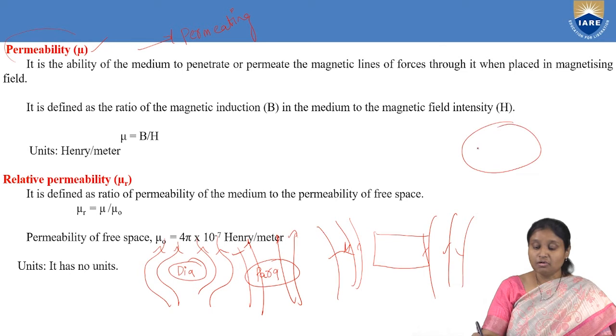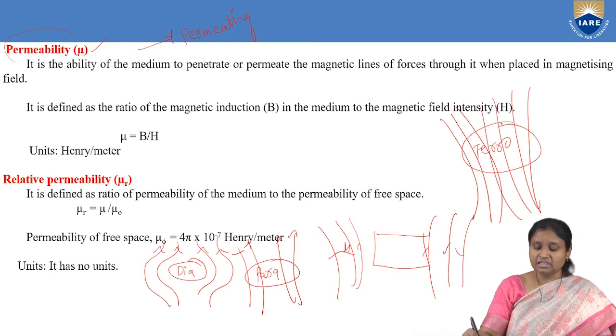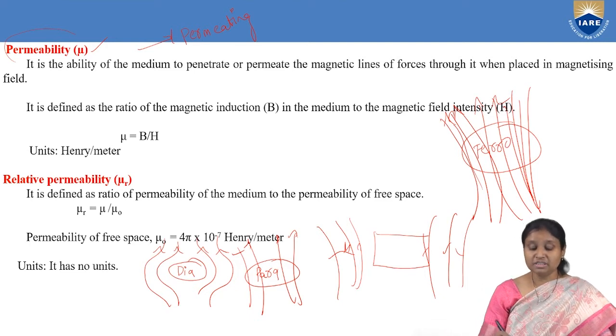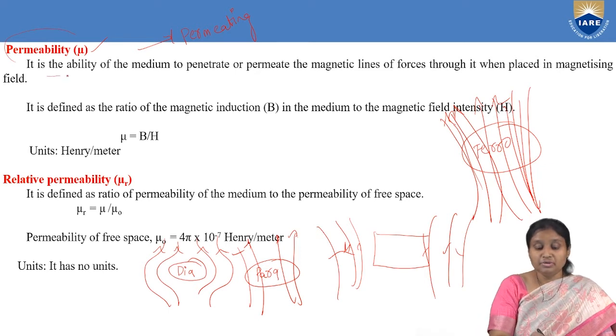Whereas if I take strong magnets like a ferromagnet, it will have a large number of magnetic lines of force, with very high penetration through it. So obviously the permeability of dia and para will be very, very less, whereas the permeability values of ferromagnetic material will be very large. So what do we mean by permeability?